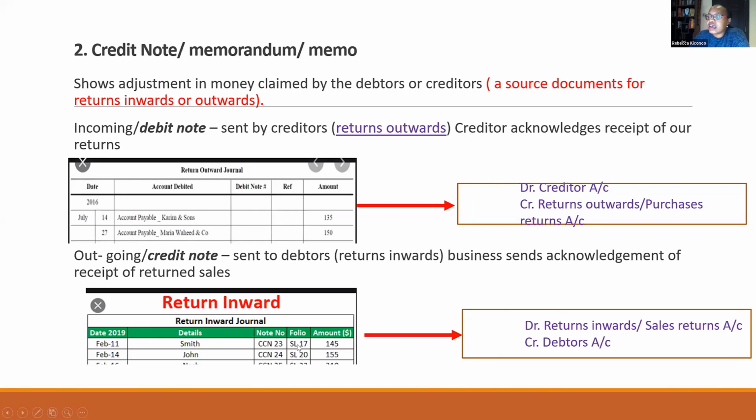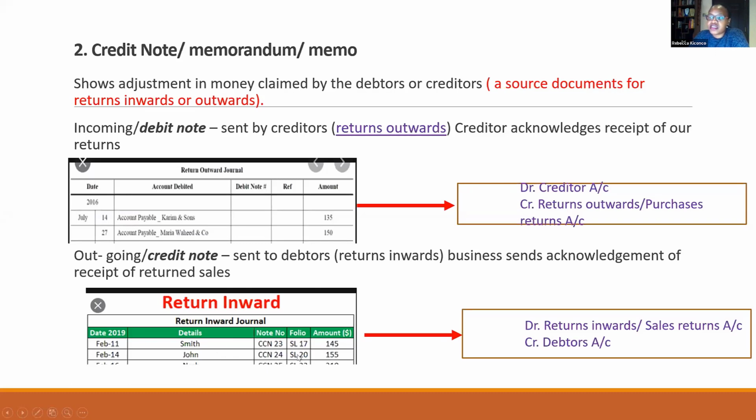This is the reference. For example, the debtor Smith we can find in the sales ledger page 17. For John, we can find on the sales ledger page 20. And this is the value of the goods that have been returned. So for example, John returned goods on credit note 24.